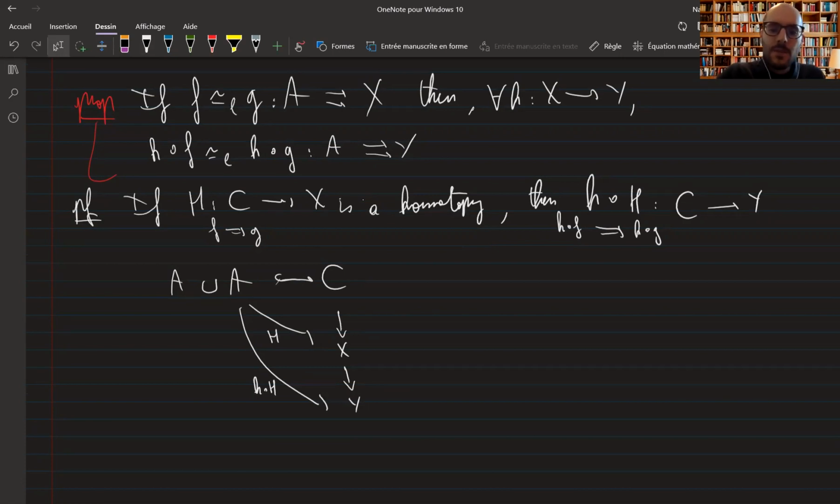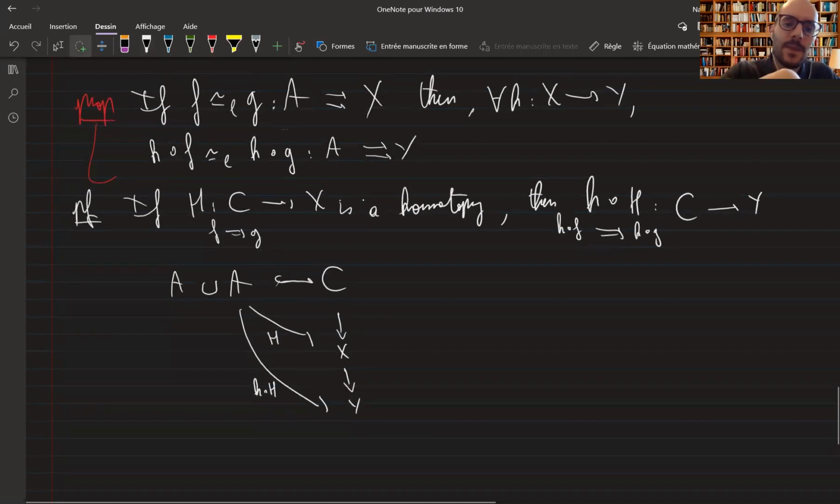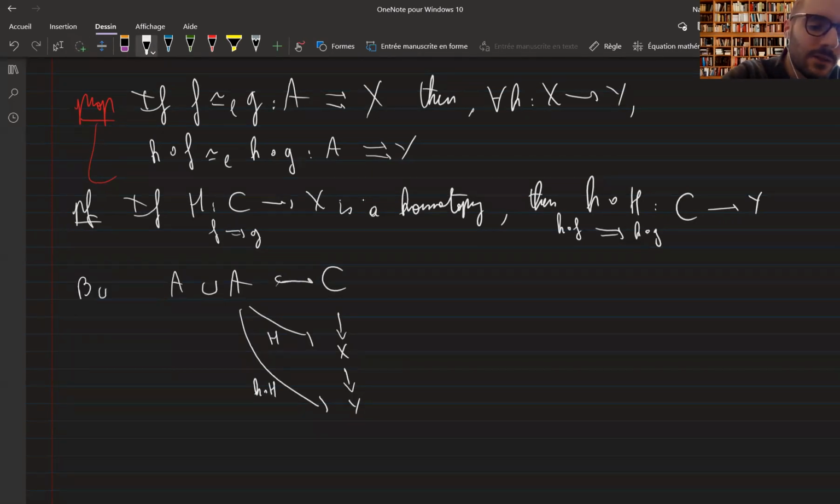But what we want is the other way around. Like if we have a morphism between A and B, right, and a homotopy between maps from B to X, are they homotopic when you pre-compose with your map between A and B? And this is much harder, right? Because here, let's do it the other way around.